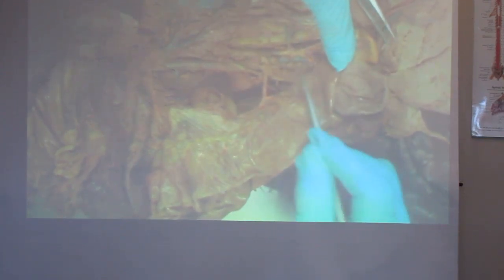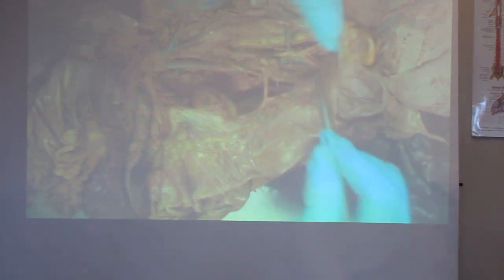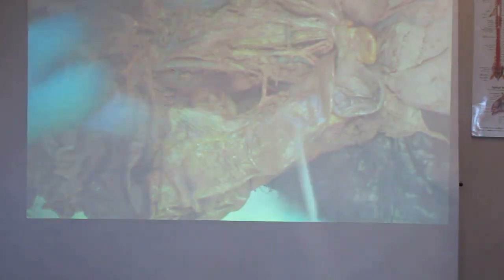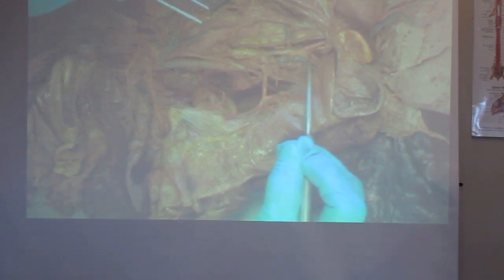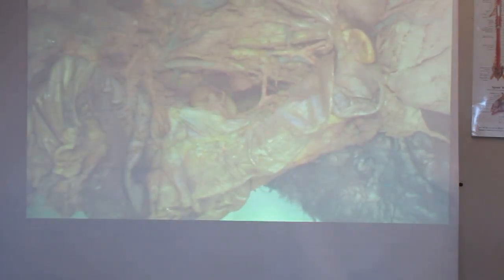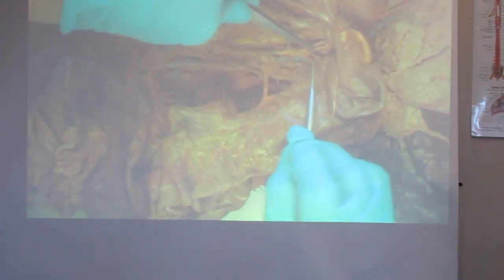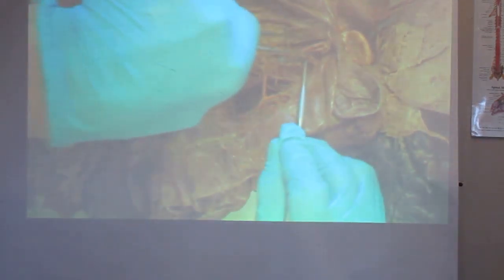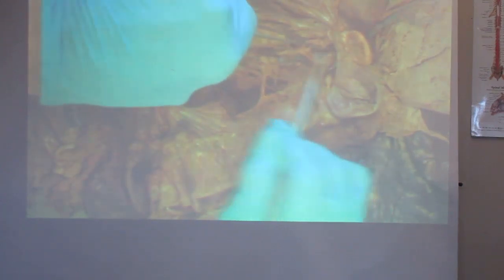Iliolumbar. Now, external iliac. Do you see the first split? Then this little centerpiece right here is your common iliac. Then we do internal iliac, and then finally look way down there.